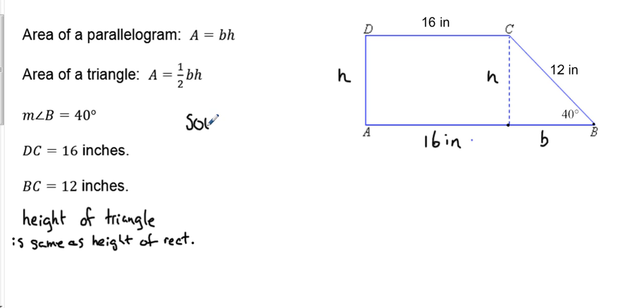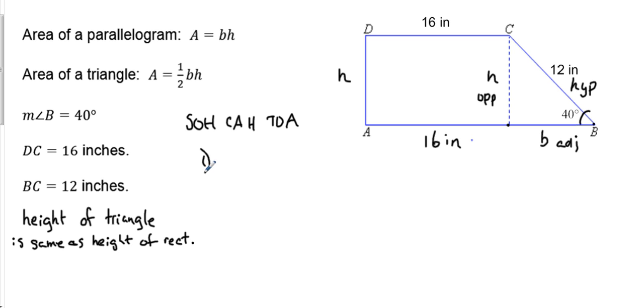So let's write out SOH CAH TOA. And of course, as always, we have to label in reference to this angle to find H and B. Now, 12 inches is the hypotenuse. H is the opposite side, and B is the adjacent side.